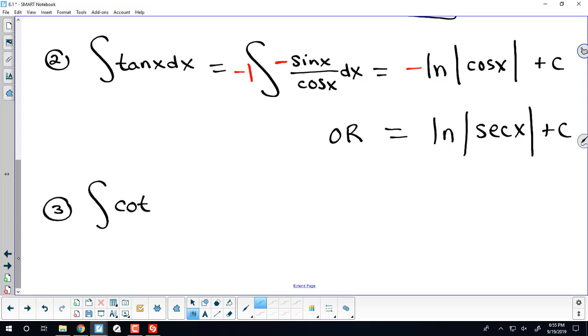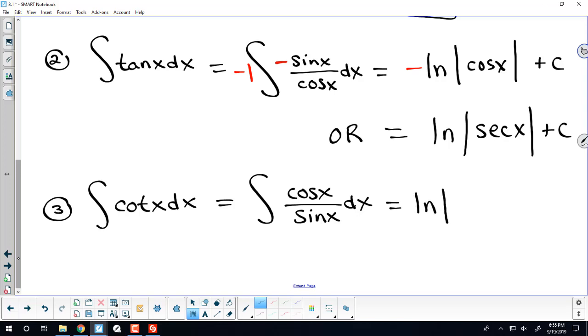Cotangent, that's similar. We'll write that as cosine over sine. What's the antiderivative of cosine over sine? Yeah, it's just natural log absolute value of sine.